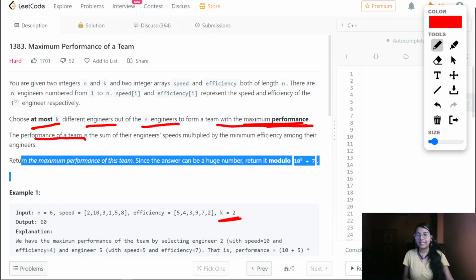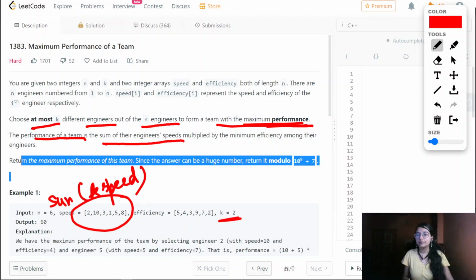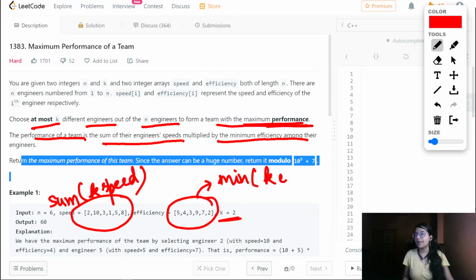The performance of a team is the sum of their engineer speeds. So out of whatever k speeds we select, we will sum them and then multiply by the minimum efficiency. Out of whatever k efficiencies we select, the minimum one is multiplied with this sum. That comes out as the performance, and this is the answer we are required to return.